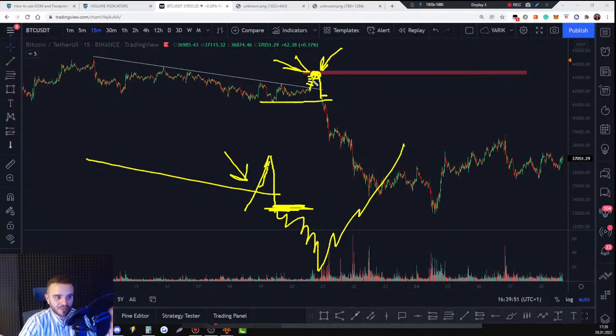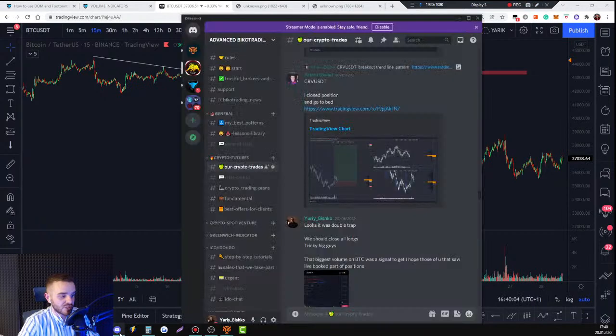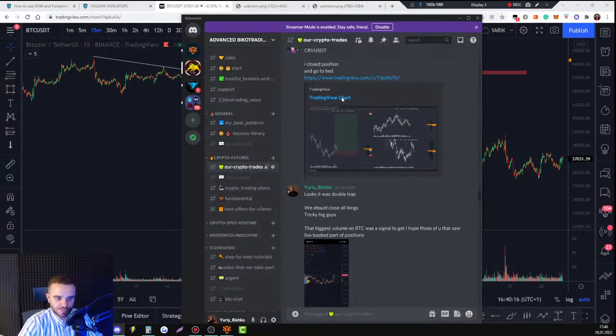But my friends, part of those people that bought here, in this range, got liquidated exactly here. That's a danger, because I know that part of people could be liquidated. And because of that, when we saw such big volume, my partner, Artem, sent to our community that we should close trades because it's bad.